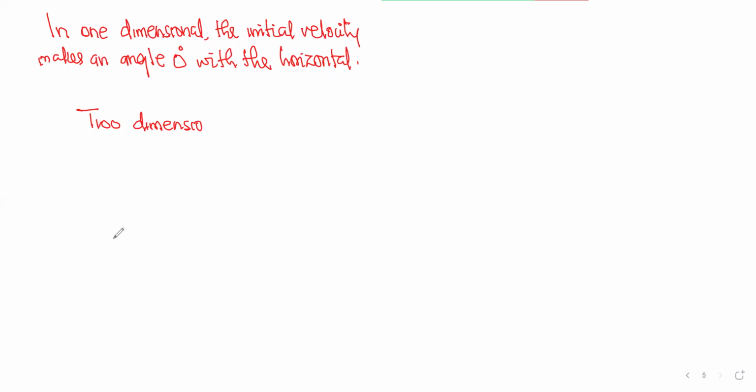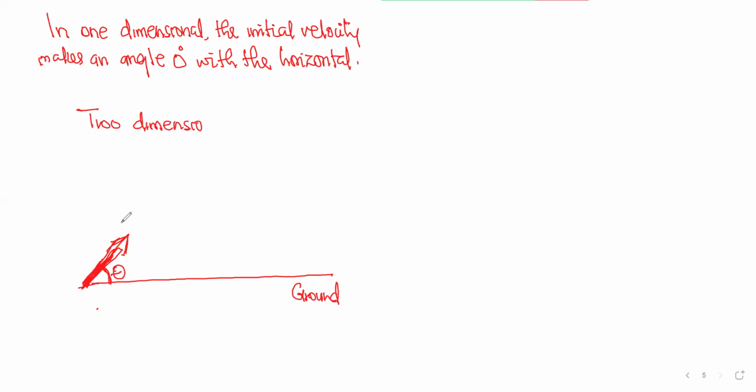For example, if this is the ground, and this is the missile or the projectile, for example, the javelin or the missile, it is always fired in such a way that it makes a certain angle theta with the horizontal.